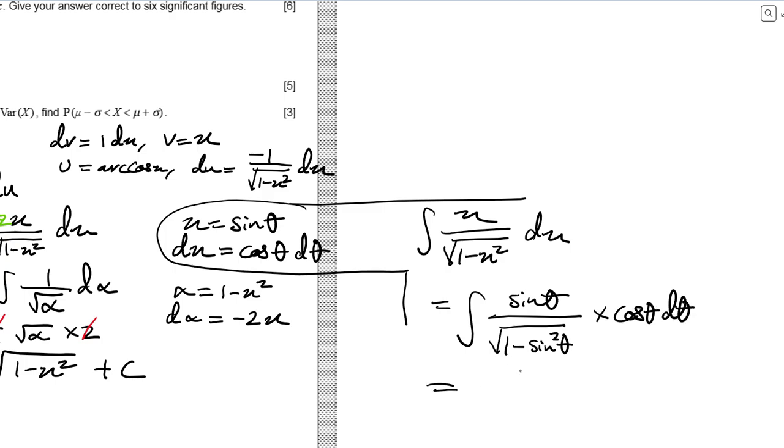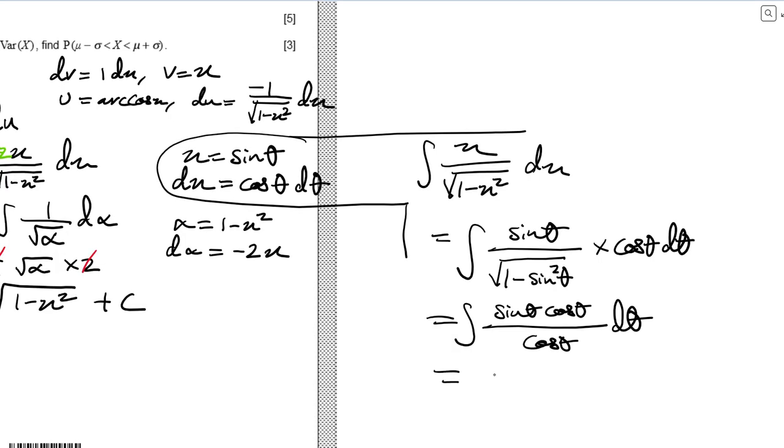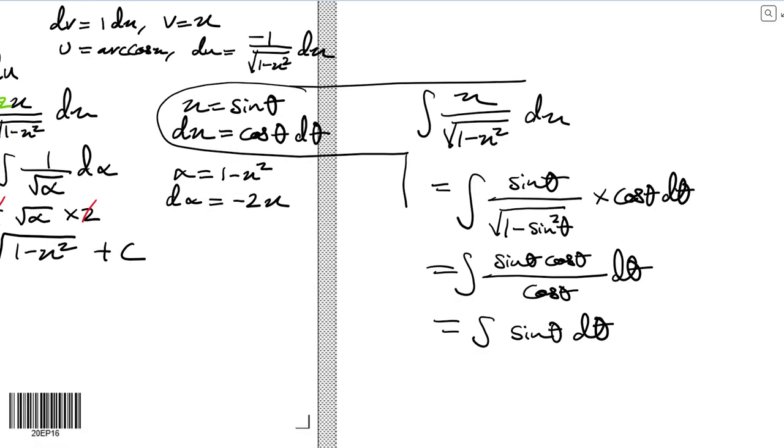And so what we get is sine theta cos theta over cos theta d theta, which is just sine theta d theta, right? And that is just negative cos theta plus c.